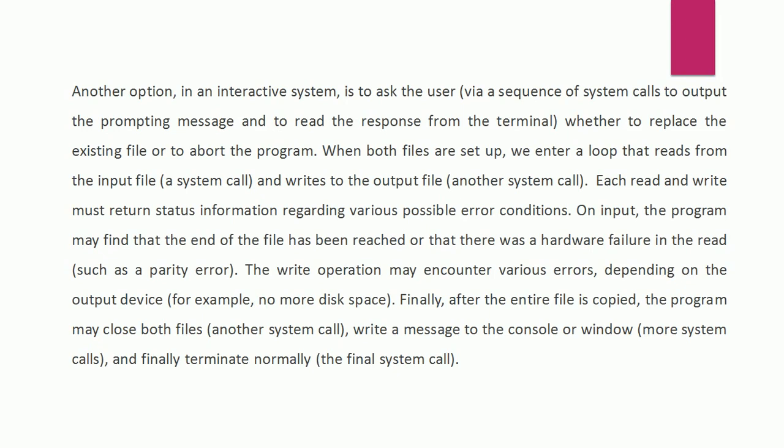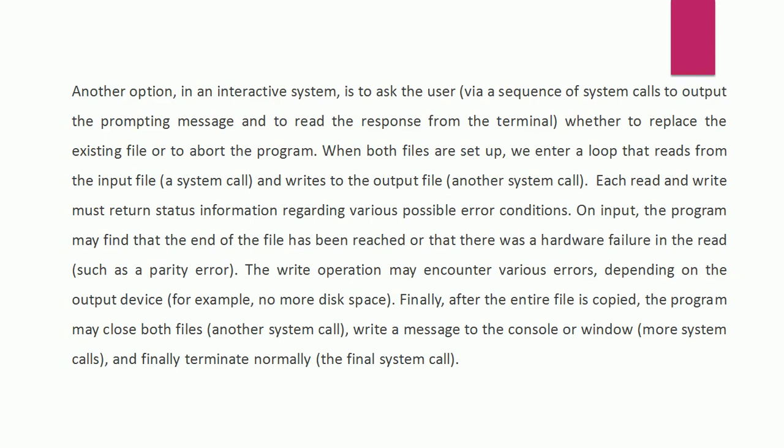Another option in an interactive system is to ask the user, via a sequence of system calls, to output the prompting message and to read the response from the terminal, whether to replace the existing file or abort the program.